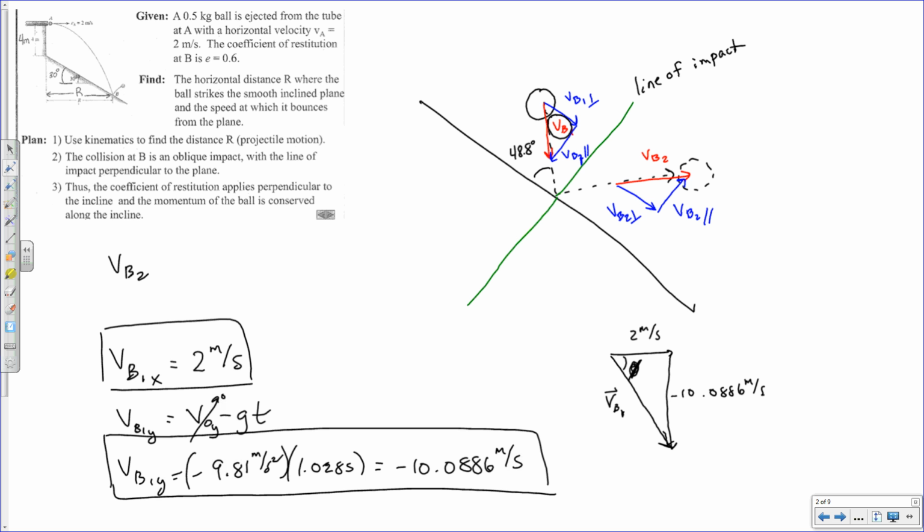This 48.8 degrees is the same as this angle here, 48.8 degrees. I've drawn in green. So if I wanted to know the perpendicular component of VB1, VB1 perpendicular, that would be equal to VB cosine 48.8 degrees. VB1 parallel, that would be equal to VB sine 48.8 degrees.